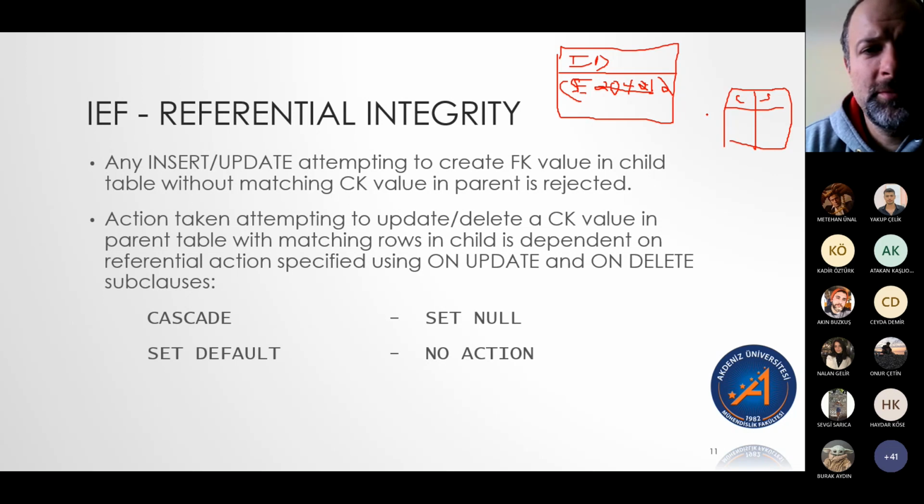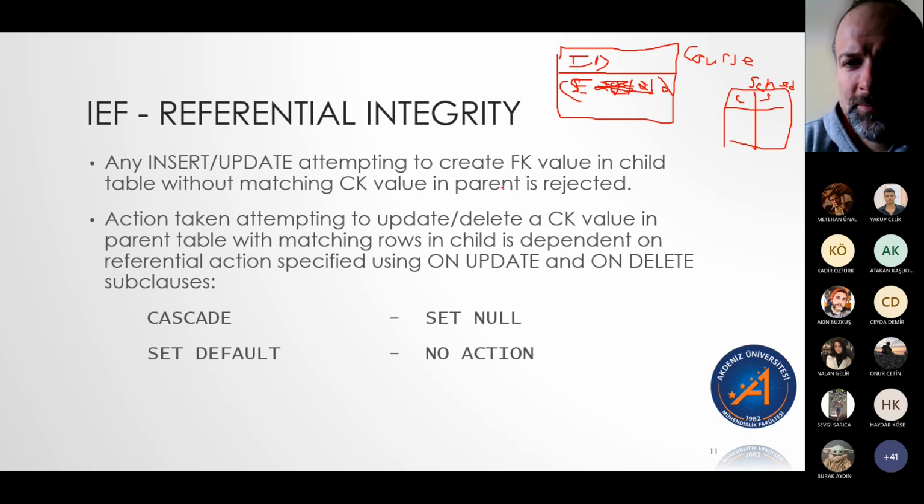So what should happen? What do you think? If I change the course ID in the course table, so this is course here, and this over here is schedule or something. I don't know what we would call this. Okay, so if we change the course ID, 204 doesn't exist anymore.